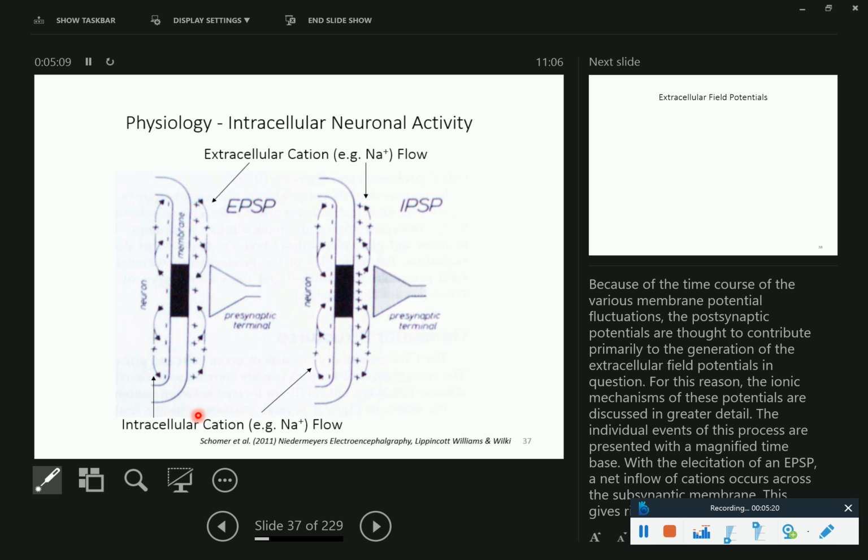So you have this extracellular flow that actually basically goes in this direction to here and goes from here to here in terms of positive charges outside. And of course, the reverse happens if you have negative, also inhibitory potentials. Then the positive ions flow away from the presynaptic terminal in the outside medium. What else should happen? There's no surprise here.